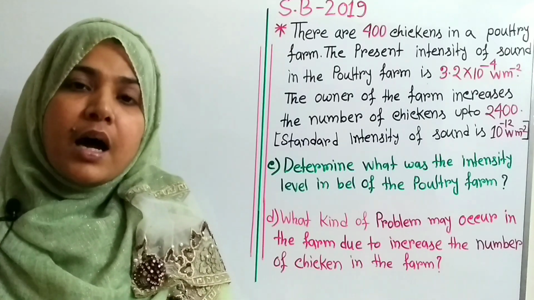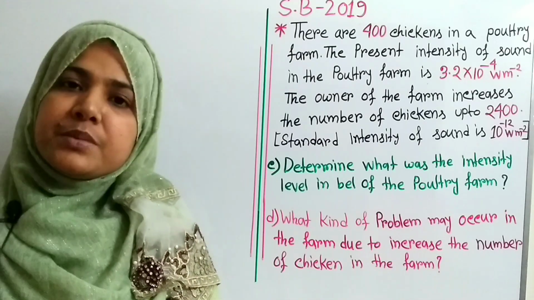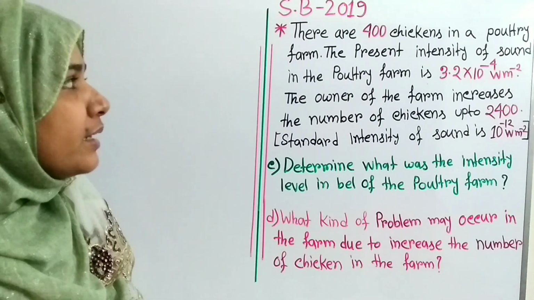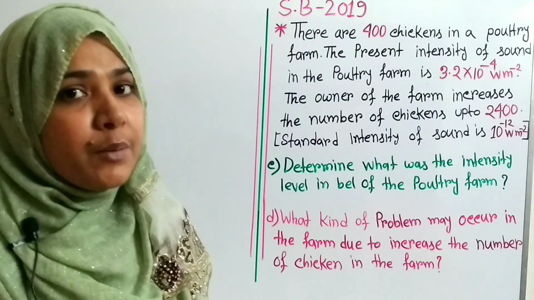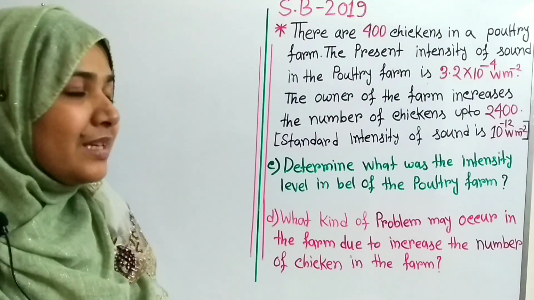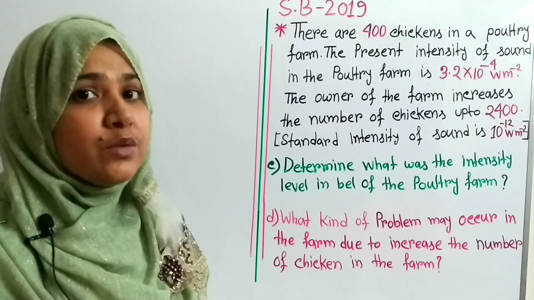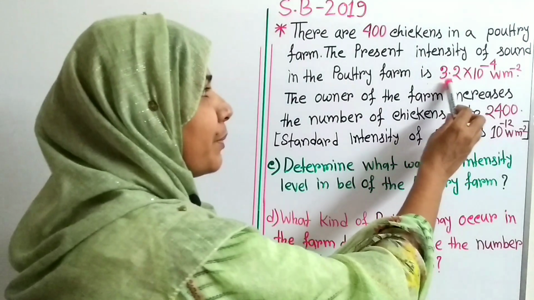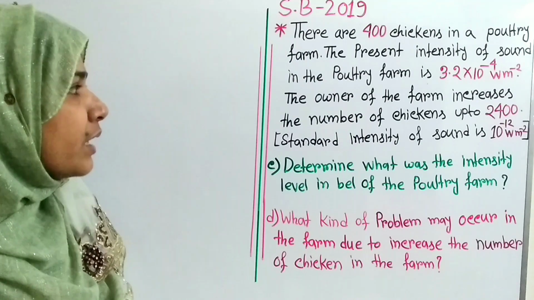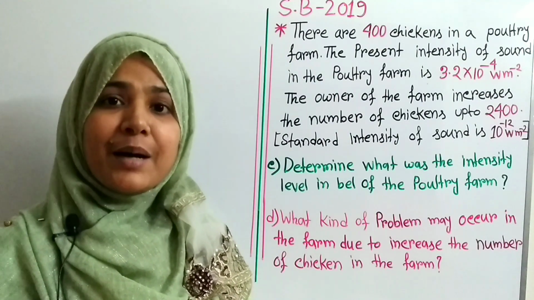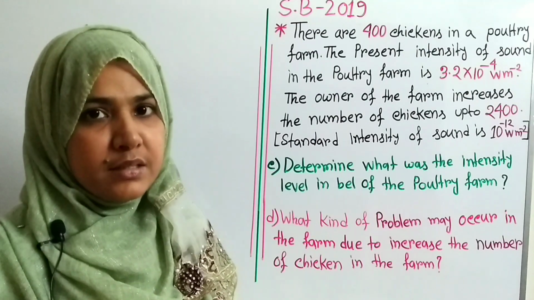Dear students, our today's first CQ question is from Slate Board 2019 and the question is, there are 400 chickens in a poultry farm. The present intensity of sound in the poultry farm is 3.2 into 10 inverse 4 watt per meter square. The owner of the farm increases the number of chickens up to 2400.